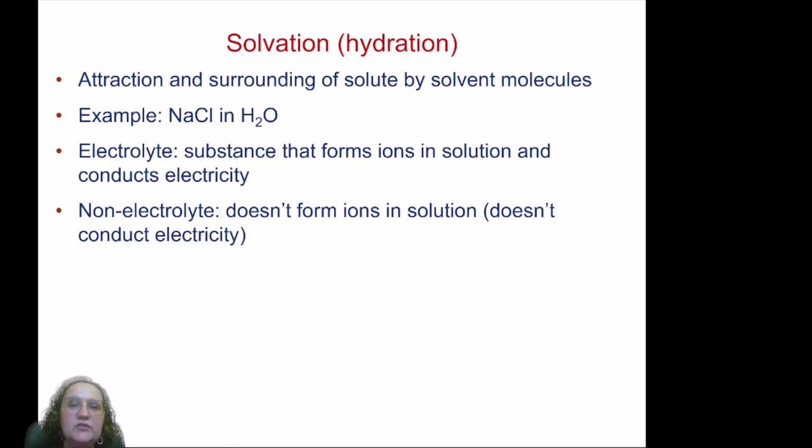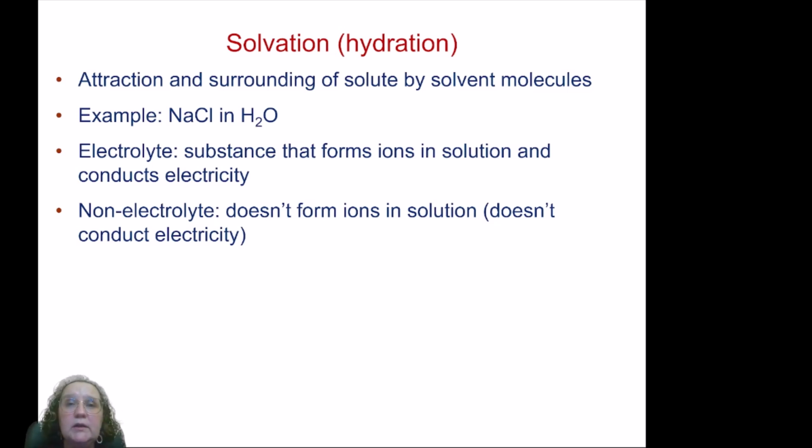You can sometimes have the formation of an electrolyte, which is when your solvent surrounds the atoms of solute, the substance splits into ions, and then you have a conductor of electricity. Or you can have solvation with the formation of a non-electrolyte. The substance gets surrounded by the molecules of solvent, but it doesn't form ions and it doesn't conduct electricity.